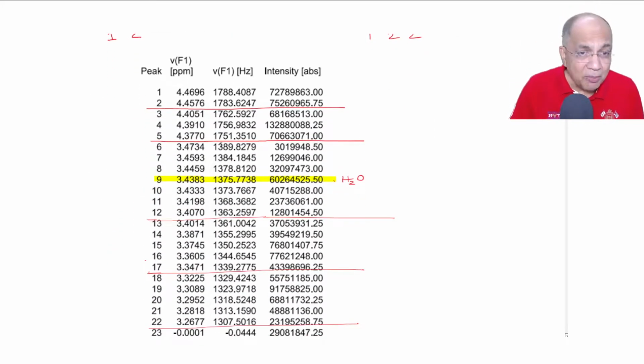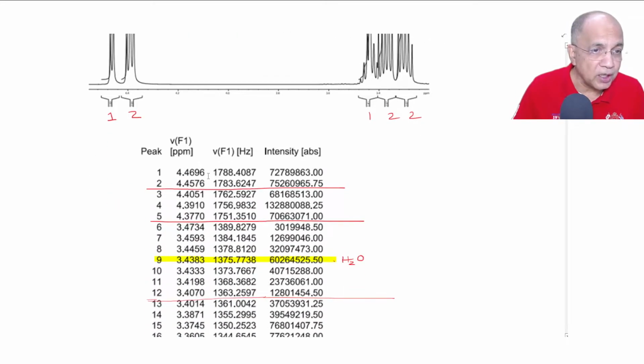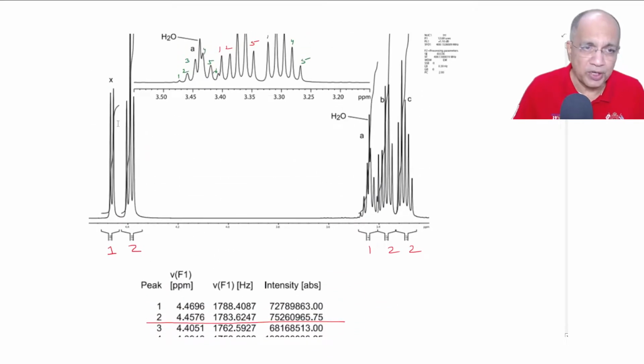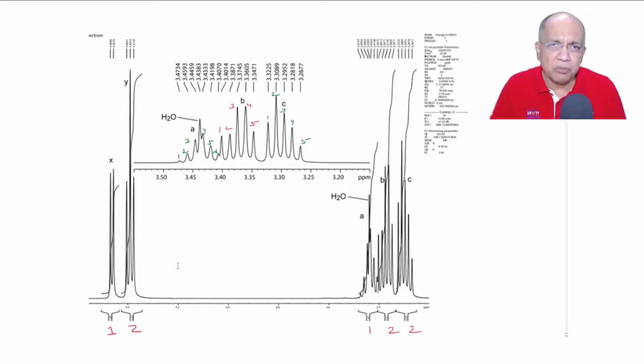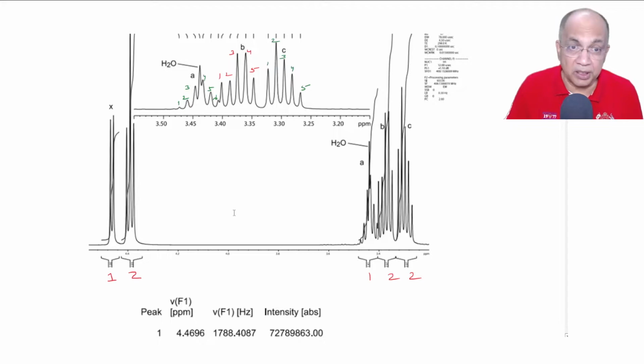Now in DMSO we have this doublet, 2 data, this triplet, 3 data. These are symmetrical. We consider it symmetrical, although there is some dissymmetry, but we ignore that. It's not a simulated spectrum, it is a real spectrum.